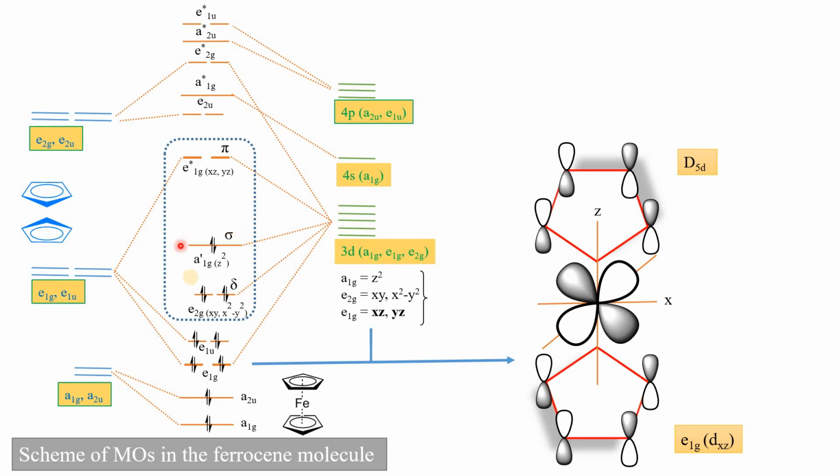These orbitals form the sigma bond, these form the pi bond, and these form the delta bond. So the main area of interest is coming from the d orbitals. These 2 E2G orbitals are from xy and x square minus y square. This A1G is from dz square, and this E1G star is from xz and yz.